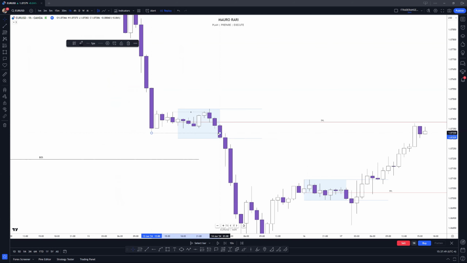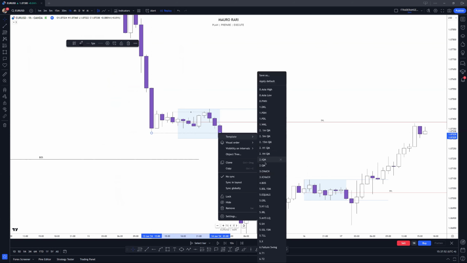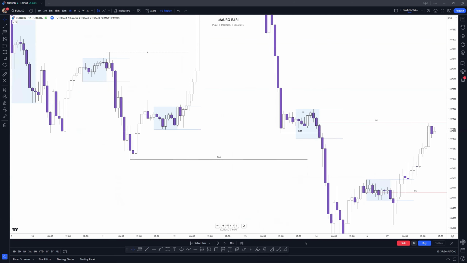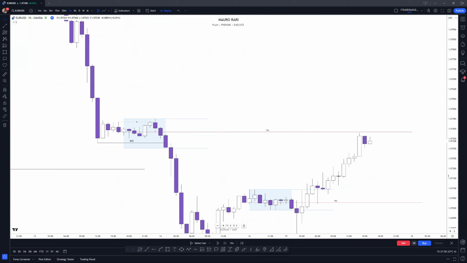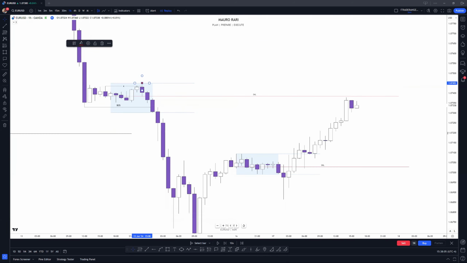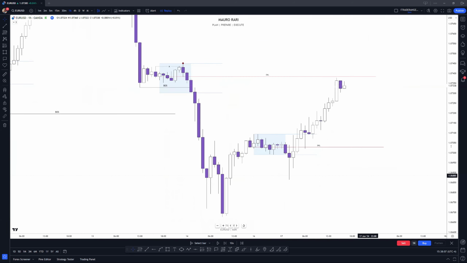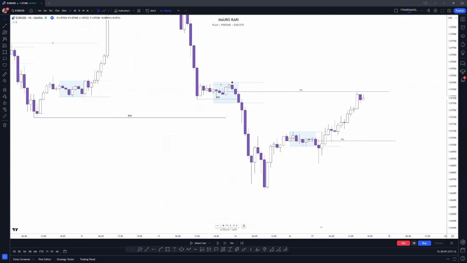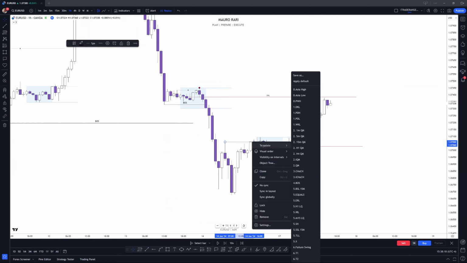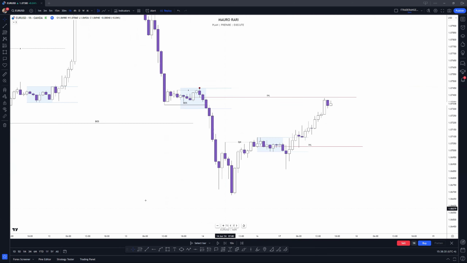And we have a breakout of structure. Okay. So we have a strong high, because we are in a bearish environment. So we have a strong high, and we also have a QM. So we have in H1 a range formed. Okay. This is gonna be our QM.